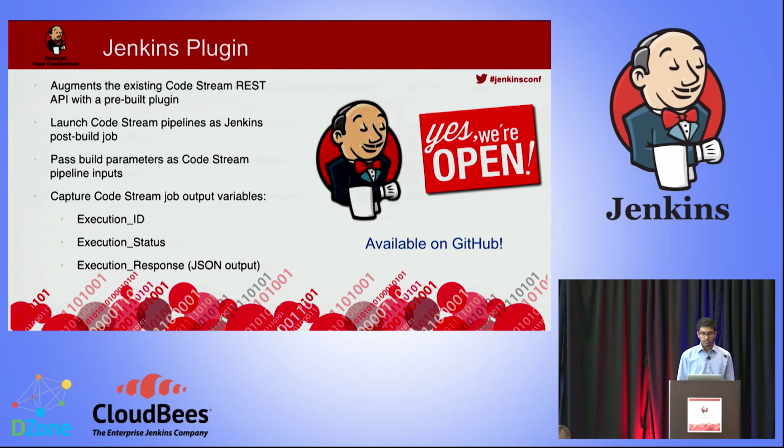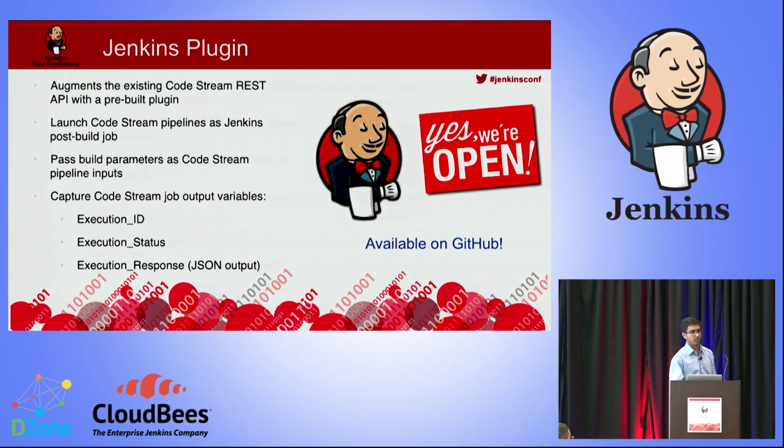Also, using this Jenkins plugin with Codestream, you can go to the Jenkins job and configure a Codestream plugin to call from Jenkins to Codestream. What it means is, at the end of the day, you can trigger any Codestream pipelines, which are release pipelines that you might have modeled, to be called from within the Jenkins job.